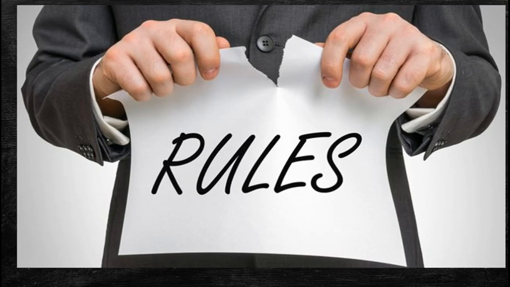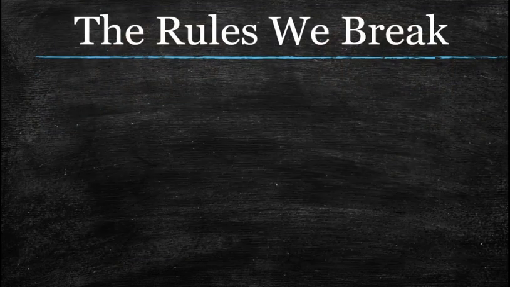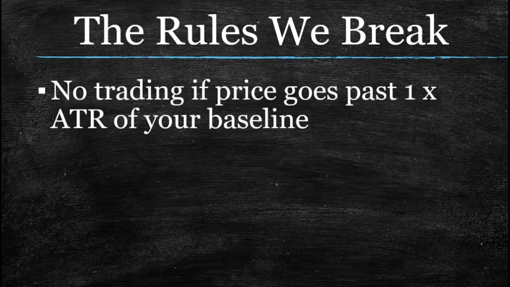So there's actually two, and let's talk about what those two are. Just last week in the pullbacks video, I said that if price has traveled more than 1 times the ATR of the pair beyond your baseline, then you are in a no trading zone.